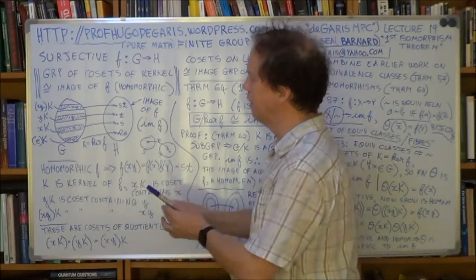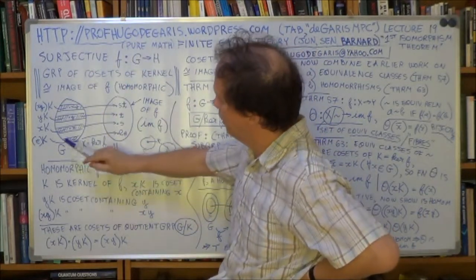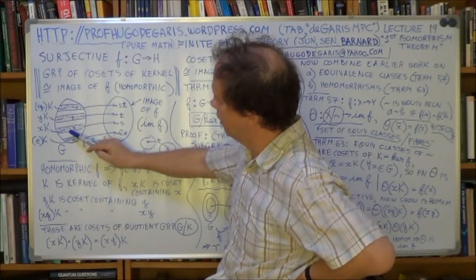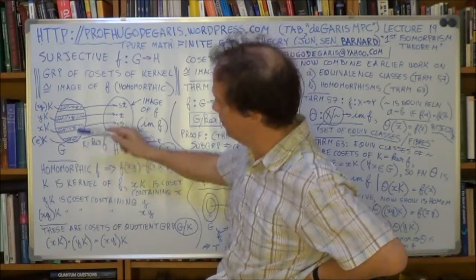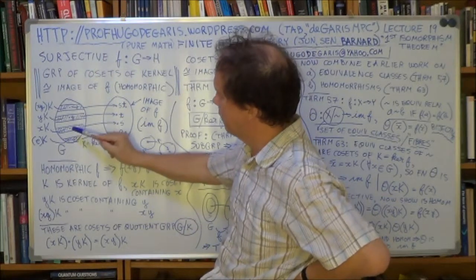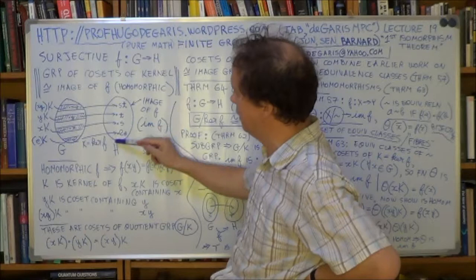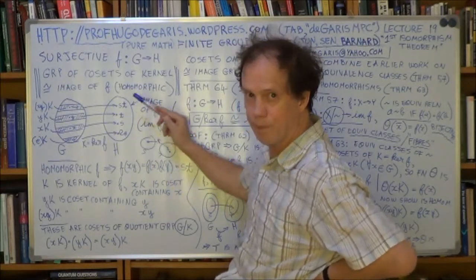Okay. Now take other cosets. So take this one and imagine there's an element, say, element X, little x here. So f of X will map to, let's say, S, this element S in the target group.